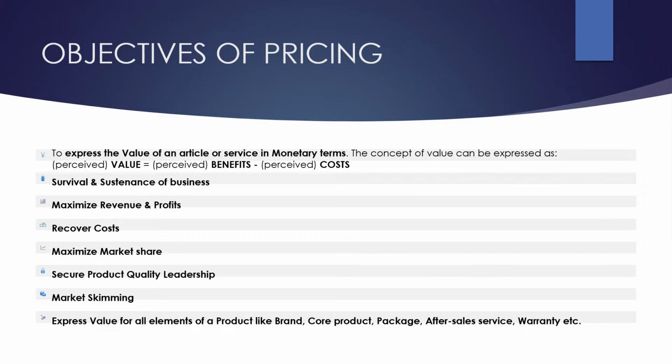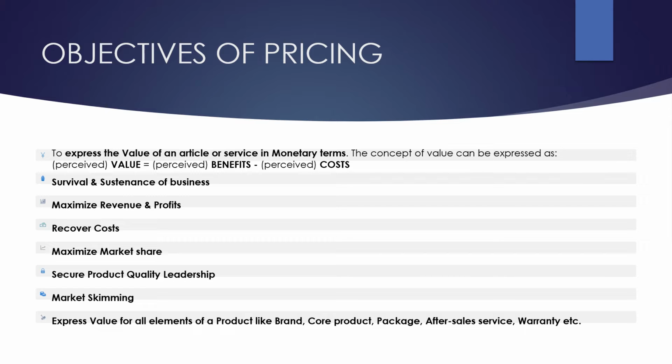So value equals benefits minus cost. If benefits exceed cost, then it is called value. A customer normally expects more utilities, more benefits from a product than the cost or price paid by him.